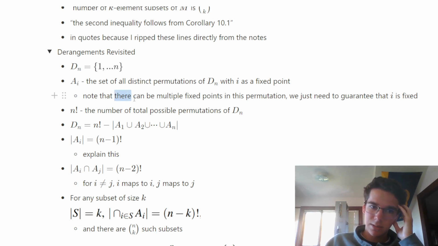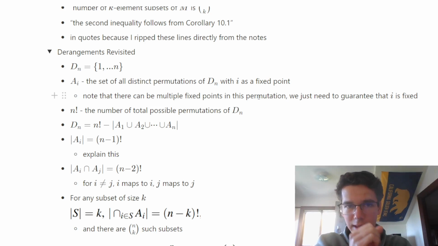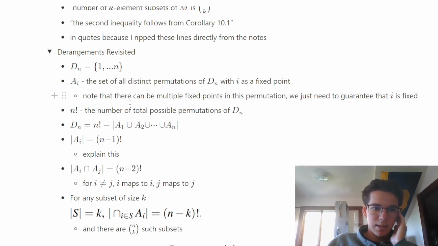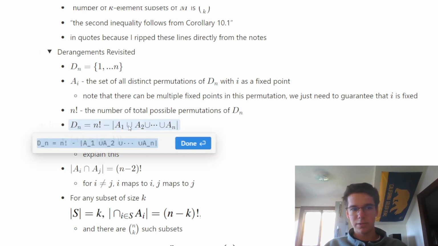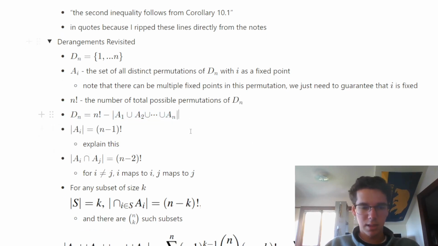Note that there can be multiple fixed points in that permutation; we just need to guarantee that i is fixed. So clearly n factorial is the number of total possible permutations, and the union of all of the distinct permutations with at least i as a fixed point, if we subtract that out of n factorial, we get the derangement set.